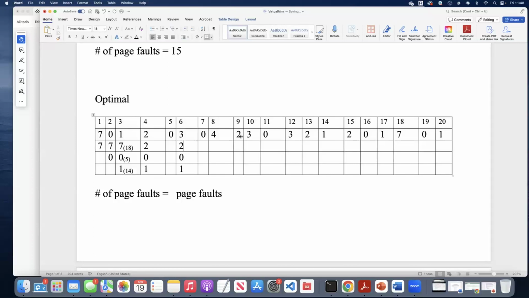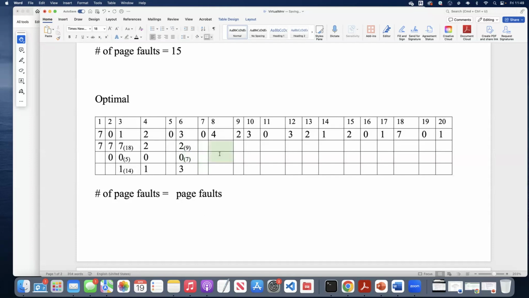Page 2 will be accessed at time 9, page 0 will be accessed at time 7, and page 1 will be accessed at time 14. So now page 1 will not be used for the longest period of time compared with page 2 and 0. So page 1 is the victim page. We use page 3 to replace page 1. And then page 0 is needed. Page 0 is in the memory, no page fault.